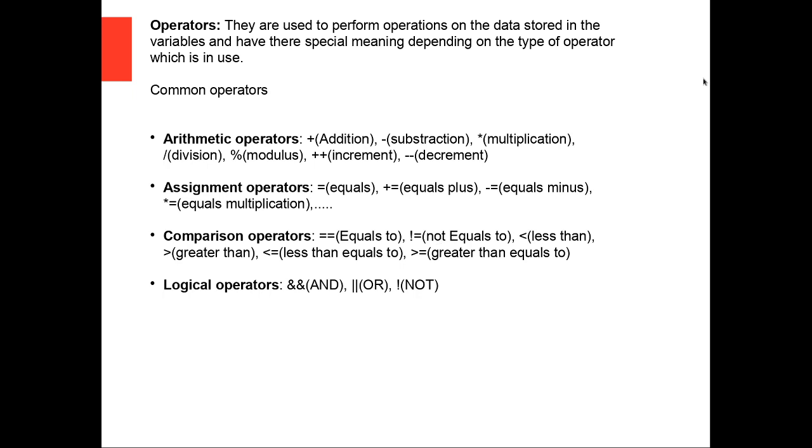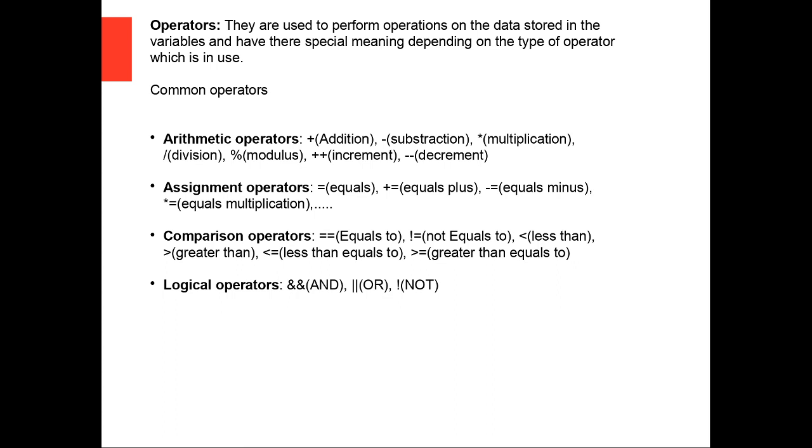Operators. Operators are used for performing operations on the data which is stored in your variable, and it has some special meaning with it. So, each operator is used for different purposes here. So these are the common operators here. Arithmetic operator is used for arithmetic operations.